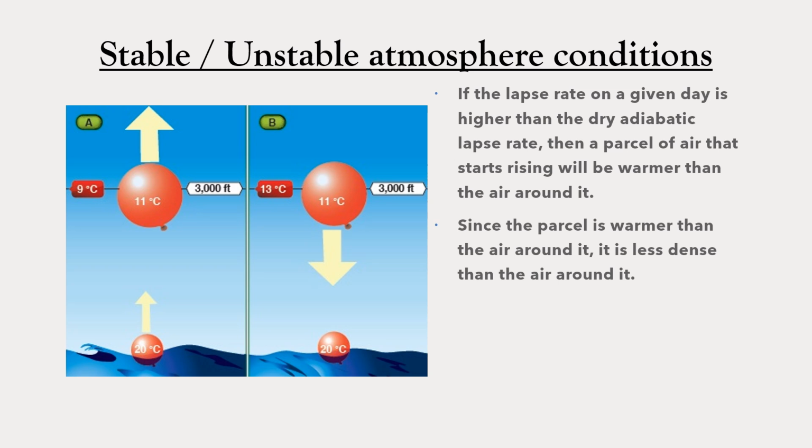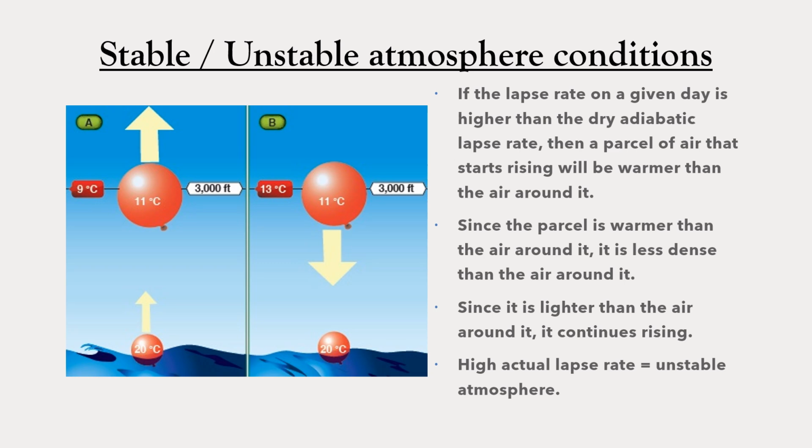So situation A is an unstable situation. Unstable is the situation that we like when we're looking for thermals. So high actual lapse rate corresponds to unstable atmosphere and good thermal conditions.